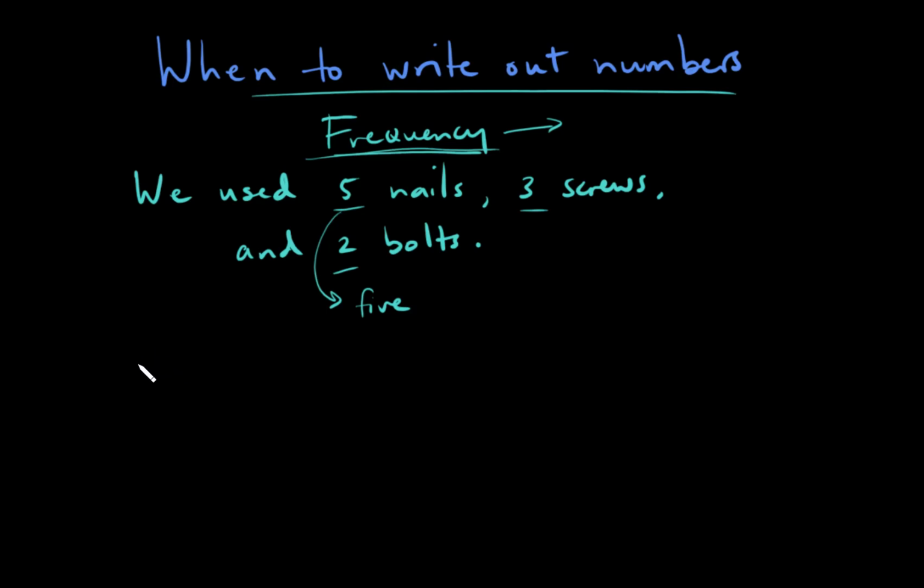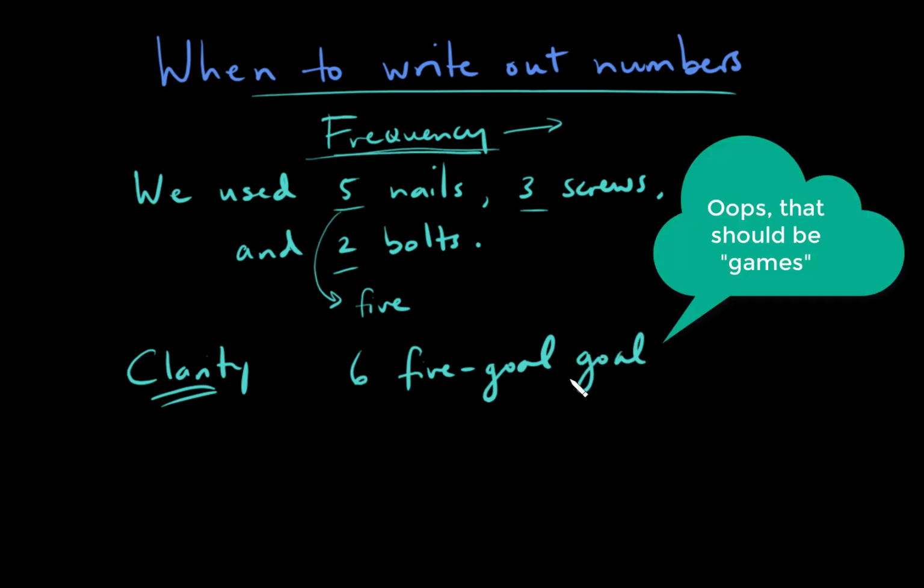And then the last point has to do with clarity. How do you achieve clarity? Let's say you're talking about 6 5-goal games. This is a situation that often crops up in sports columns. In this case, we have two numbers here, 6 and 5, and we could write out both of them.